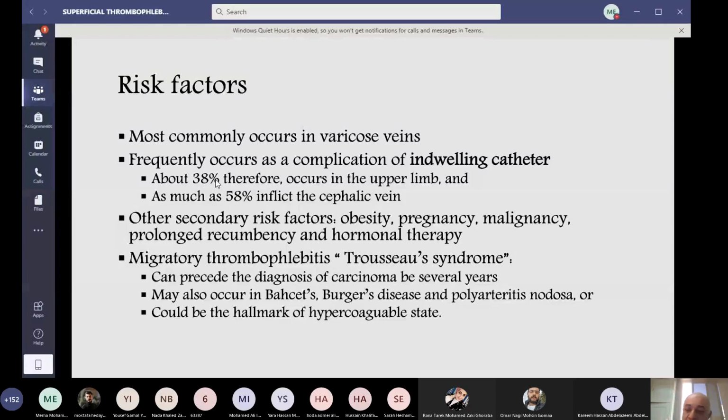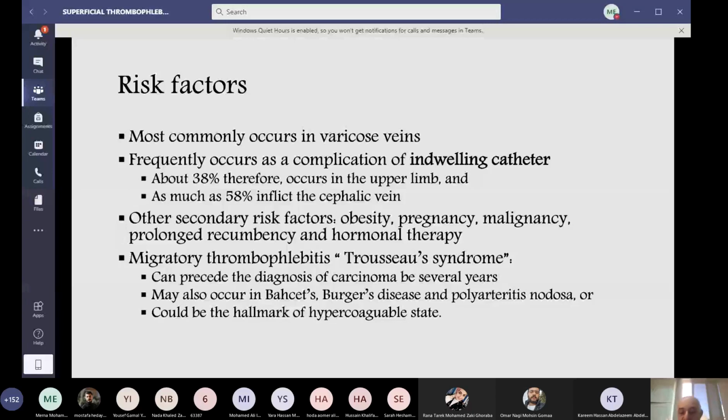If it complicates an indwelling catheter, it occurs in the upper limb much more than elsewhere, and if it occurs in the upper limb, 85% affect the cephalic vein. This is to show the magnitude of the problem only, not to memorize these numbers.